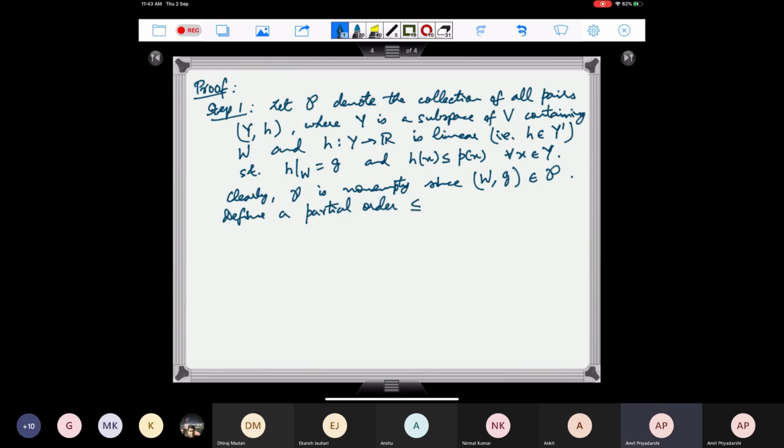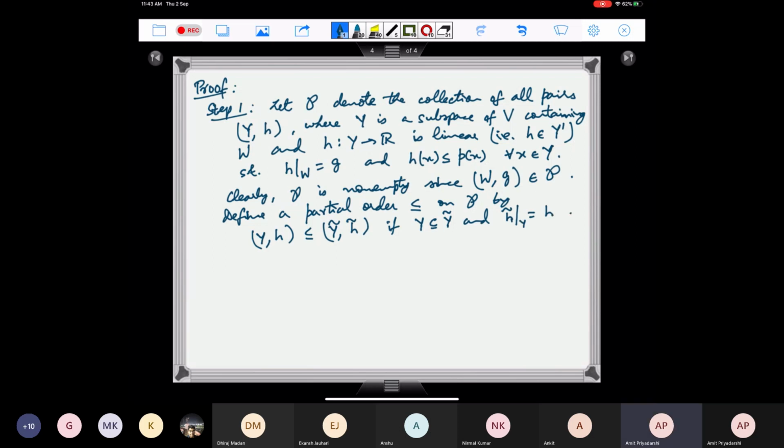and then we can define a partial order less than or equal to on P by: Y comma H is less than or equal to Y tilde comma H tilde if Y is a subset of Y tilde and H tilde restricted to Y is equal to H. Right.